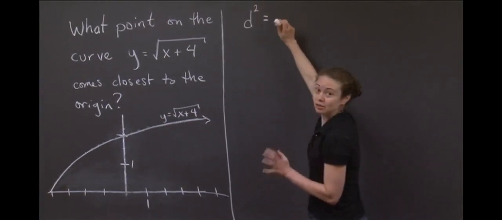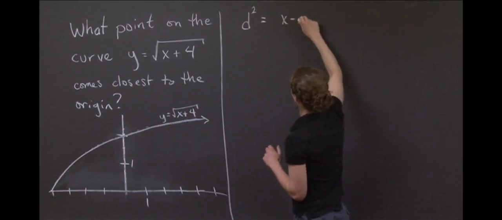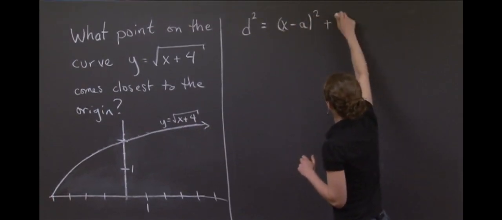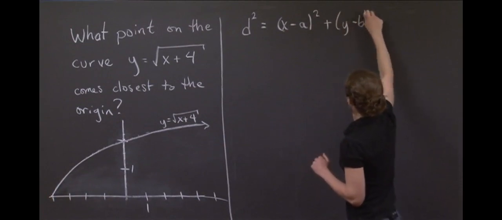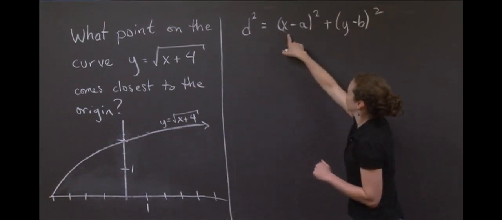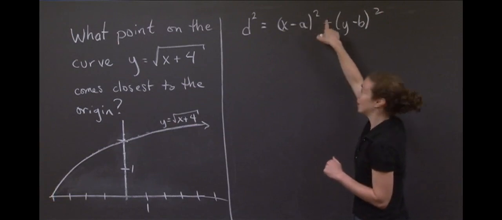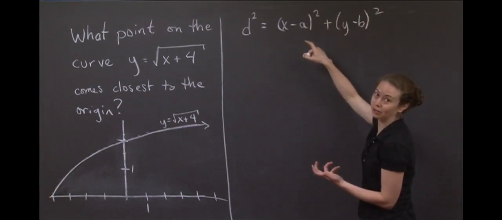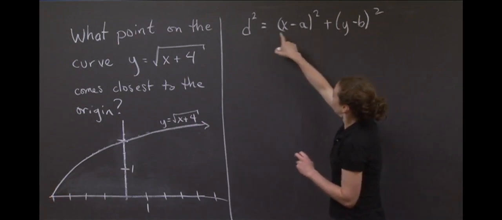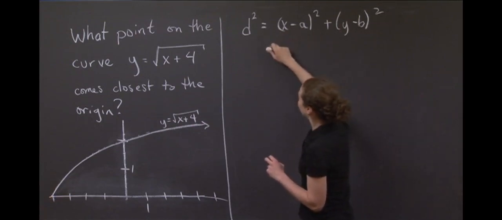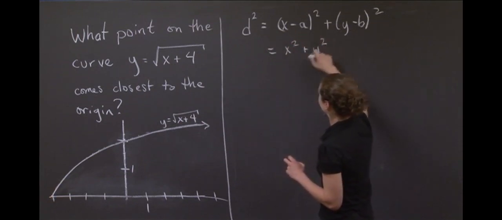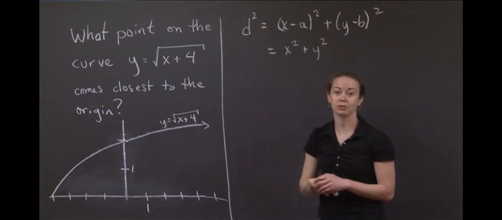Distance, you remember, between two points (x, y) and (a, b) is something in this form. Distance squared is the difference between the x values squared plus the difference between the y values squared. This should remind you of the Pythagorean theorem. In our case, distance squared to the origin is x squared plus y squared.